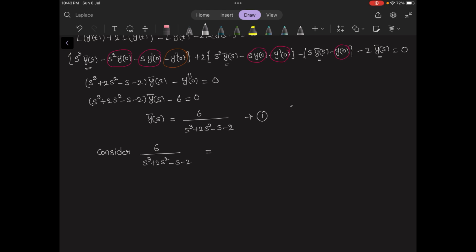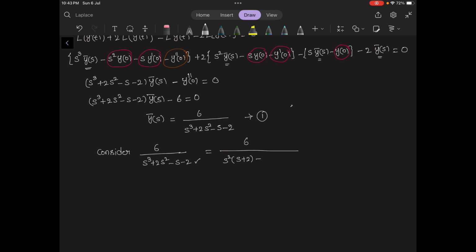We should know the concept of partial fractions. If I want to do anything, first I have to split this into linear factors. So how am I going to split? Let us check once. In the first term I am taking s square common, we'll get s plus 2.